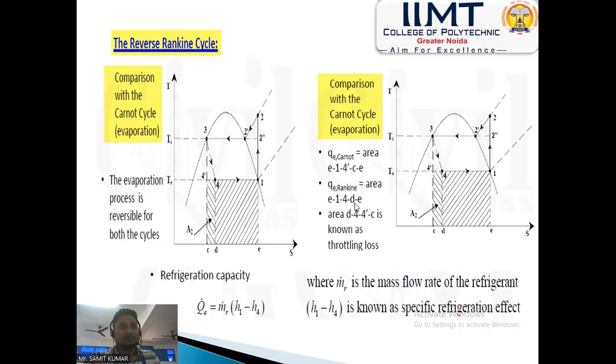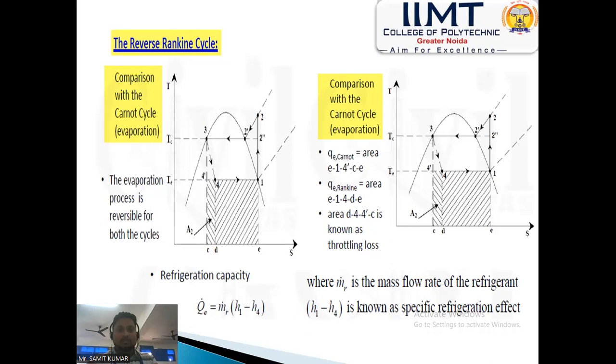So this is the comparison of the two cycles, and now how to calculate the refrigeration effect, or refrigeration capacity. Here we are calculating refrigeration capacity. It means the input heat is equal to the refrigerant mass flow rate times the enthalpy of point 1 minus the enthalpy of point 4.